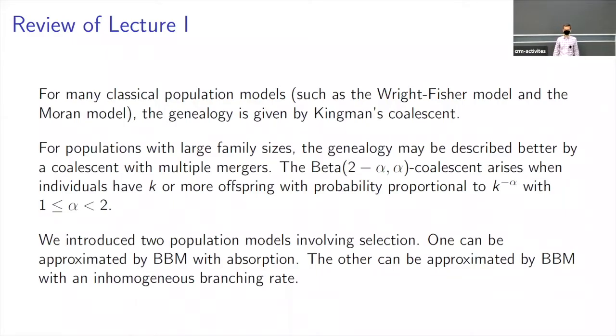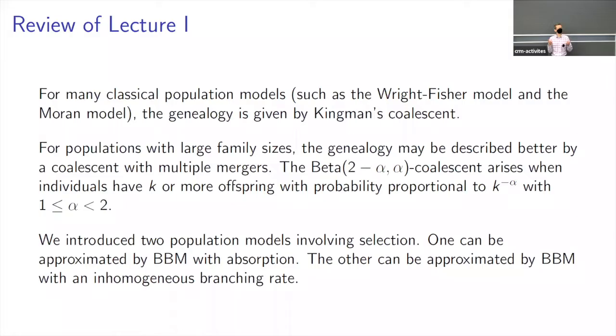We also saw some models with populations involving large family sizes, and for those models, the genealogy is best described by a beta coalescent. In particular, the Beta(2-alpha, alpha) coalescent describes the genealogy when the probability that individuals have k or more offspring is proportional to k to the minus alpha.